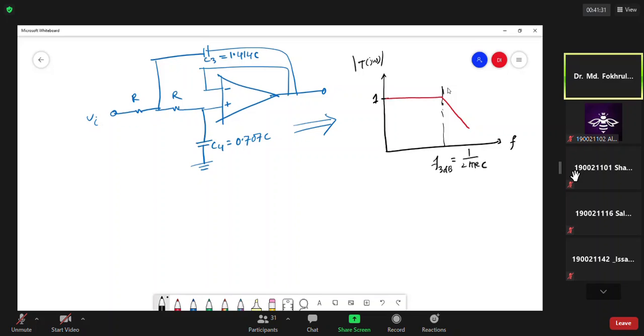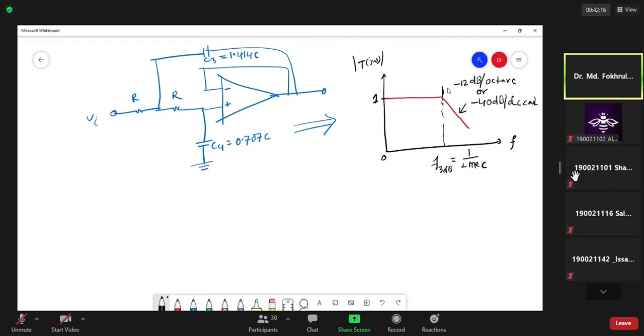Okay, what will be the slope of this line? Can anyone say it? Yes, 6 decibel? The 6 was for the single pole, but here it will be minus 12 dB per octave or minus 40 dB per decade, because it is a second order, double pole.